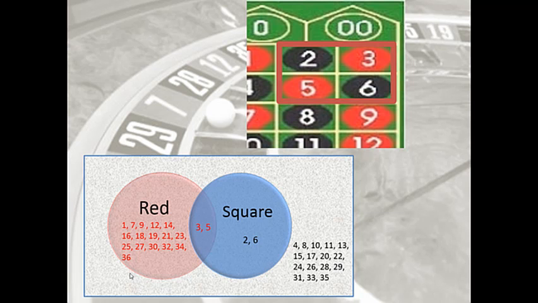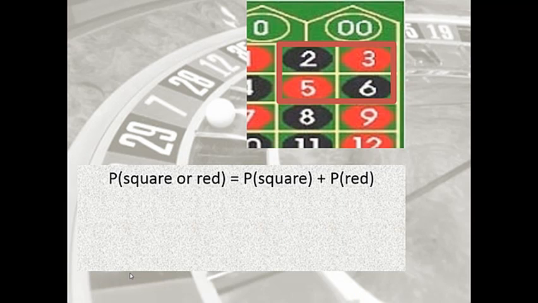The numbers 3 and 5 are in the square bet and are red. So if we add the probabilities, we are adding these numbers in twice. It turns out that in order to get the correct probability, we add the 2 individual probabilities, then subtract out the overlap.